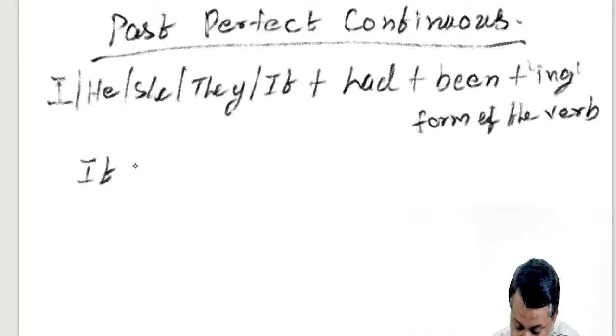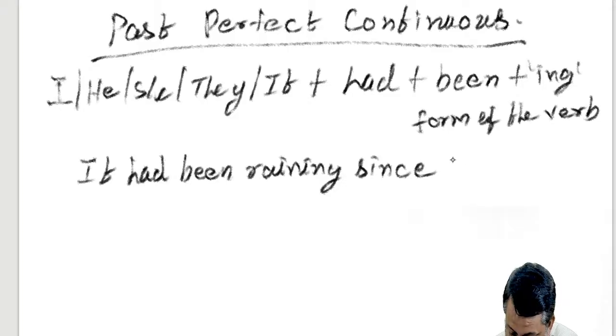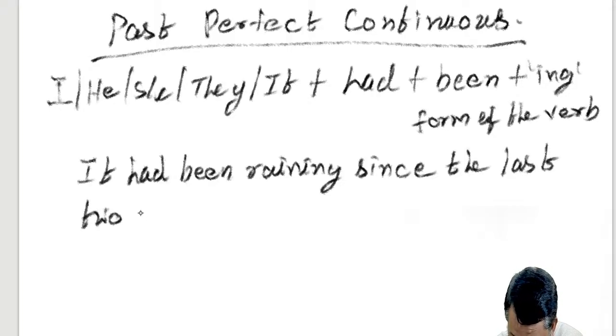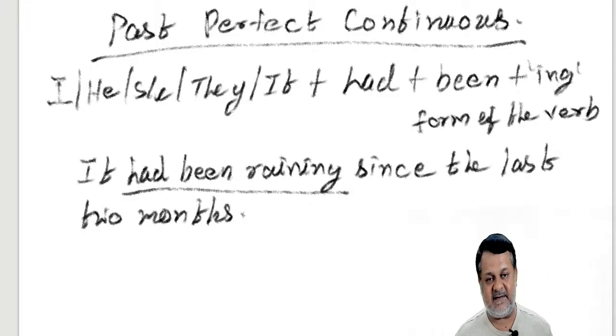So it had been raining since the last 2 months. So when you say had been raining since the last 2 months, it means that now it is not raining anymore.